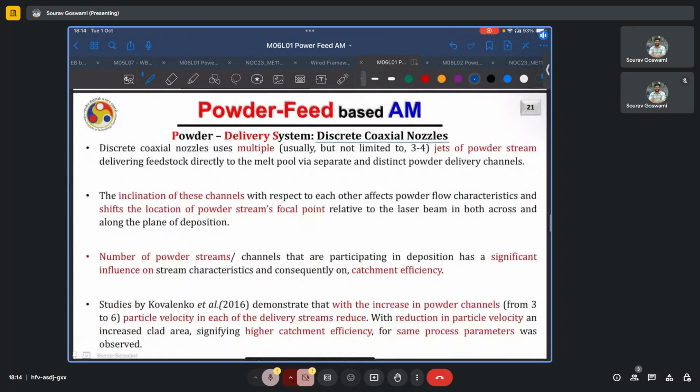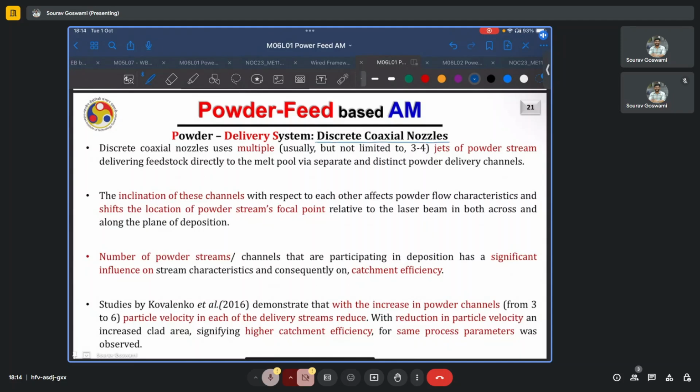Discrete coaxial nozzles use multiple, typically 3 to 4, jets of powder stream delivering feedstock directly to the melt pool via separate and distinct powder delivery channels. The reason for this is to overcome the lack of omnidirectionality that we had encountered for some of the processes.